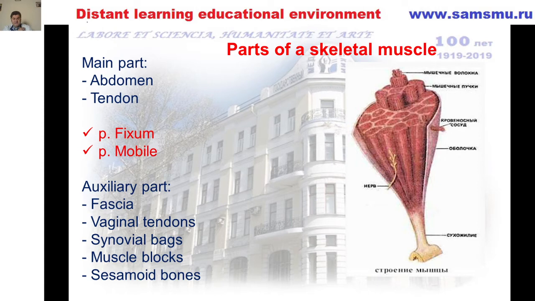When this muscle contracts, the forearm will bend, and therefore the point of attachment of the shoulder muscle to the ulna will be mobile. If a person hangs on the bar and begins to pull up, then a number of muscles, including the shoulder muscle, will contract. The movable and fixed points change places. The fixed point will be on the forearm and the movable point will be on the shoulder.